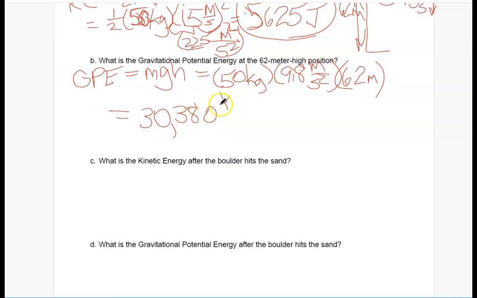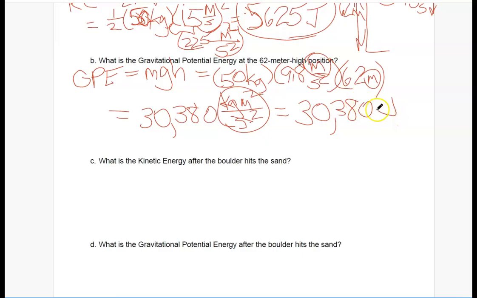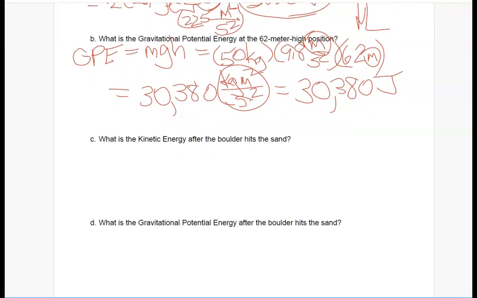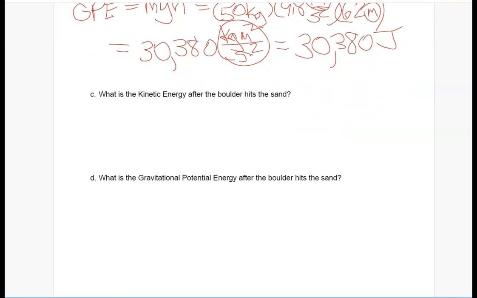And again, we have these weird units of kilogram meters, and there are 2 meters here, so it's meters squared per second squared, which we know is the same as joules, so this is 30,380 joules. So now we have our kinetic energy and we have our gravitational potential energy. So the third part of this question says, what is the kinetic energy after the boulder hits the sand?